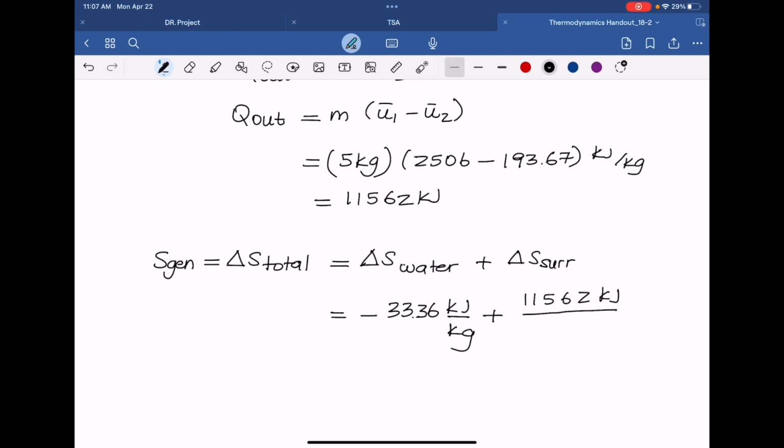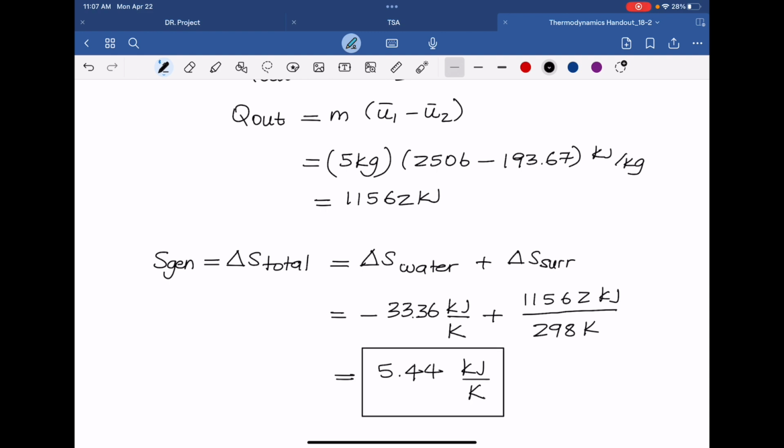Now I understand it because now I'm writing 298 Kelvin because it's 25. This has to be Kelvin too. So here the change is positive in total, always, which is 5.44 kilojoule per Kelvin. Okay.